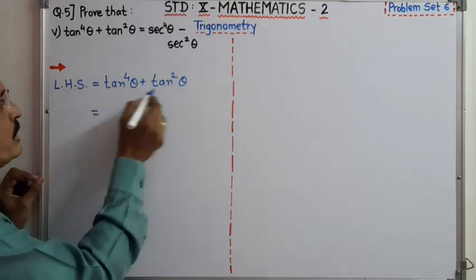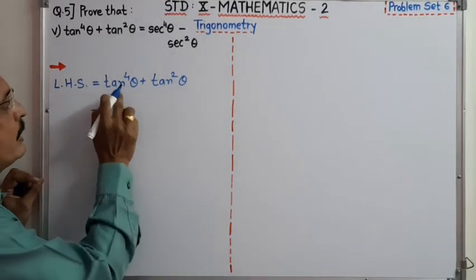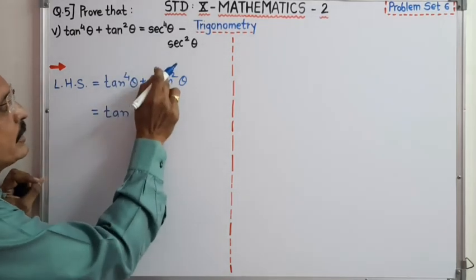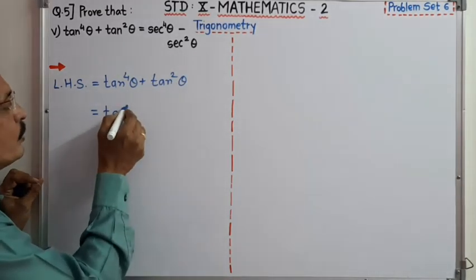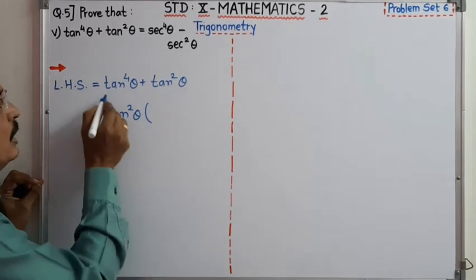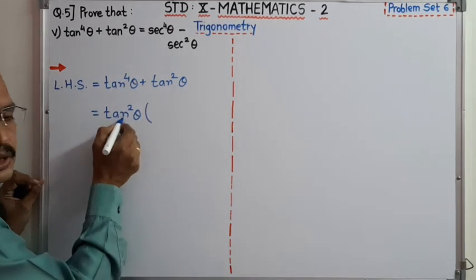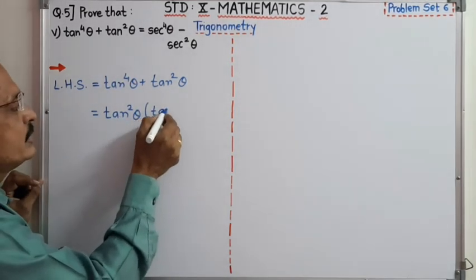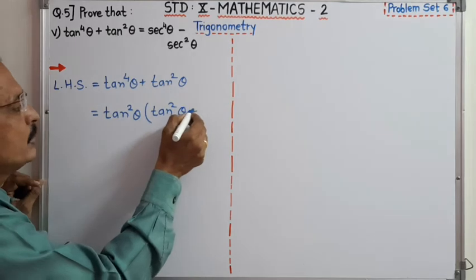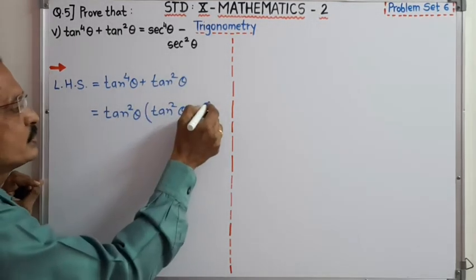Here from this we can take out the common, that means see, here tan raised to 4 theta, here it is tan square theta, therefore we take out tan square theta as a common, then from this tan raised to 4 we take out tan square theta as a common, therefore it is tan square theta plus, from this we take out tan square theta as it is, therefore it is 1.